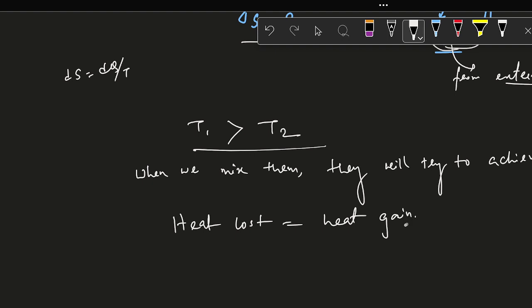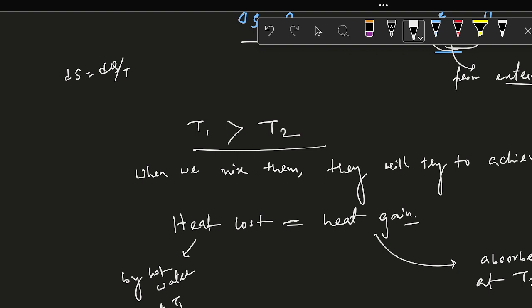This is the basic condition of thermal equilibrium. You know that whatever heat is released or lost by the hotter water at T1, the same amount of heat should be absorbed or gained by the cooler water, that is at T2. Then only they will exchange that heat and try to achieve a thermal equilibrium.